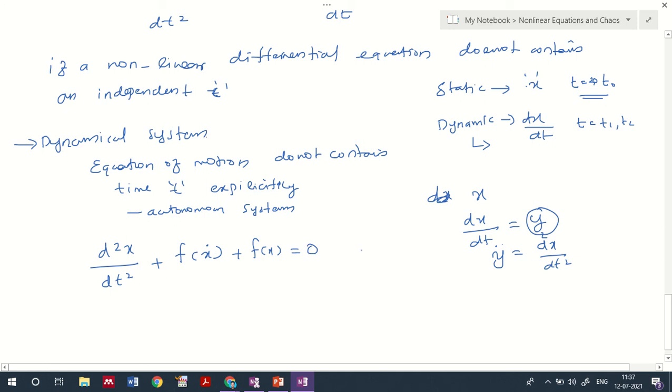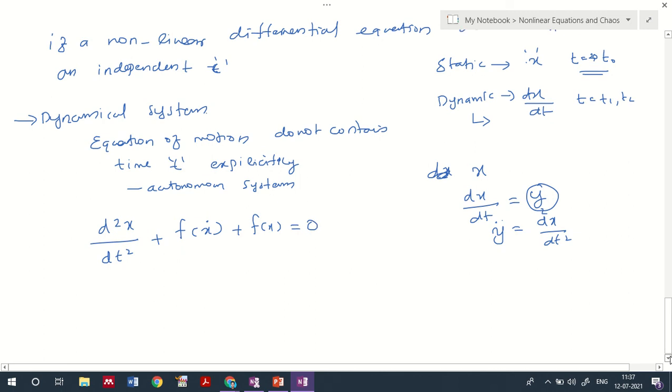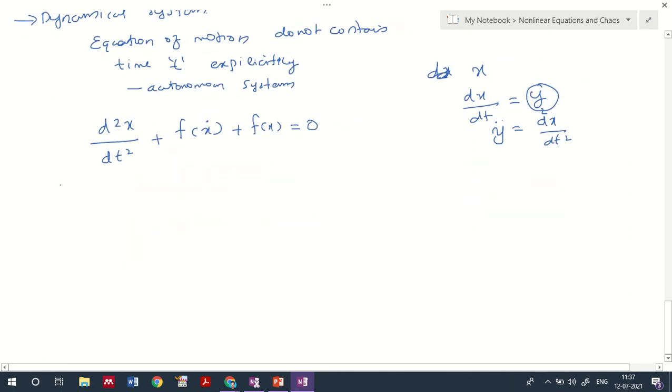Because there will be two cases here. What is x dot? x dot is dx by dt.